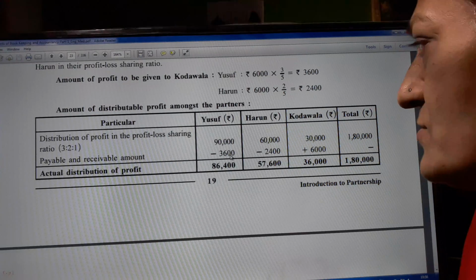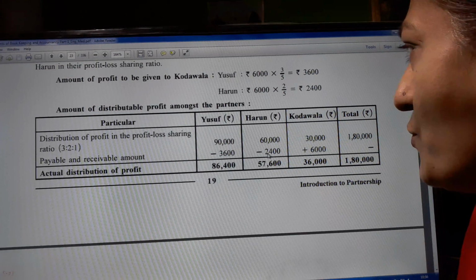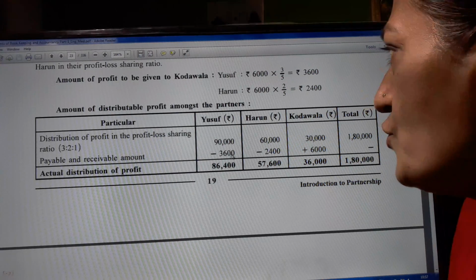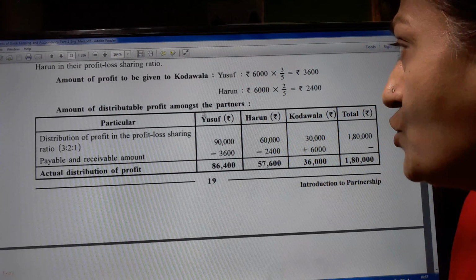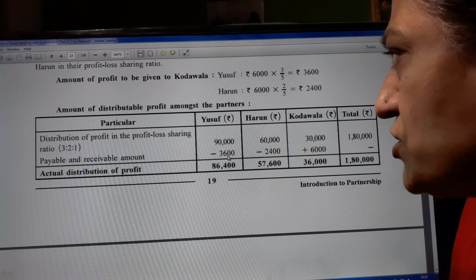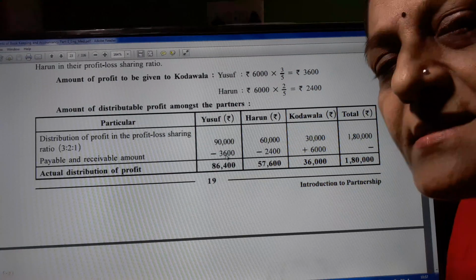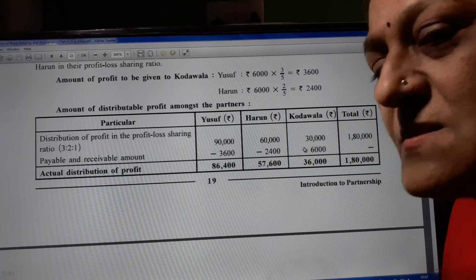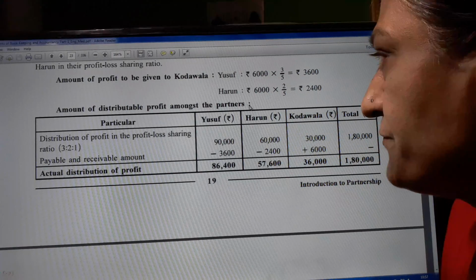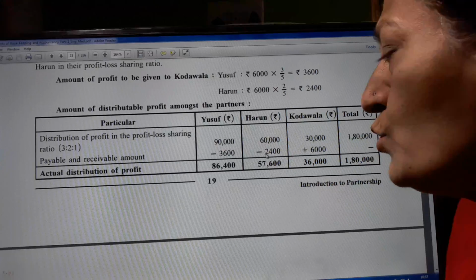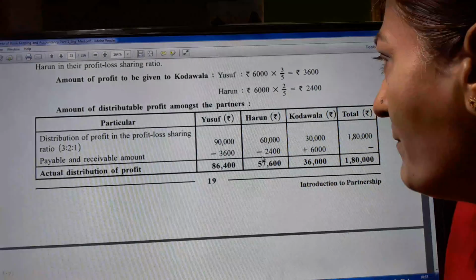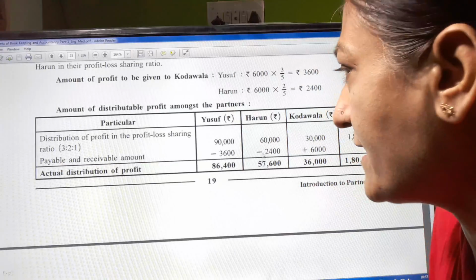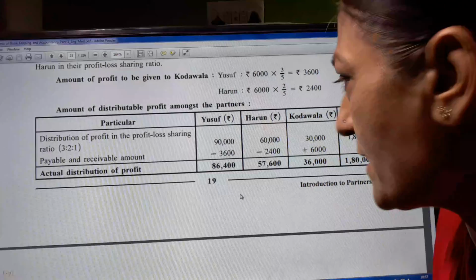It means 3,600 and 2,400 are deducted from the profit of Yusuf and Harun. Yusuf's amount 90,000 minus 3,600, because Yusuf gave 3,600 to Kodawala as per the assurance, and Harun gave 2,400. So minus this amount from 60,000, then we get 57,600, and here 86,400.